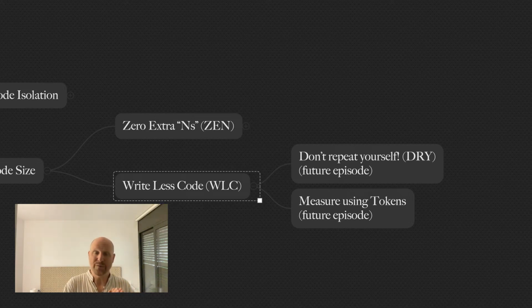And it doesn't penalize you for nicely formatted code, like byte size would do, or for having white space on lines, which line count does. Both line count and byte size are not tied to the semantics of your code. You want to minimize the semantic expression of your code, and that is tokens. So I like to play a game of token golf with my code as I'm writing it. I'm always looking for how I can express this solution with fewer tokens. So that's a topic for a future episode.